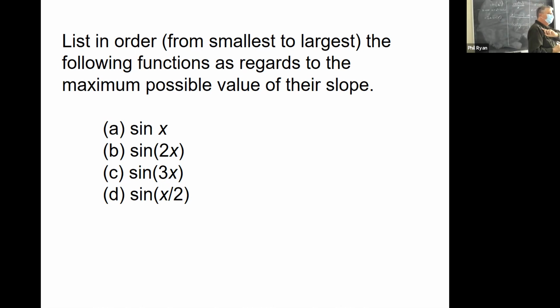So that was just read the question carefully. So this is the steepest because when we pull out the derivative, we multiply by 3, multiply by 2, multiply by 1, multiply by half, and we're going to replace the sine by a cosine, the maximum value of that is 1. So those values are the biggest.